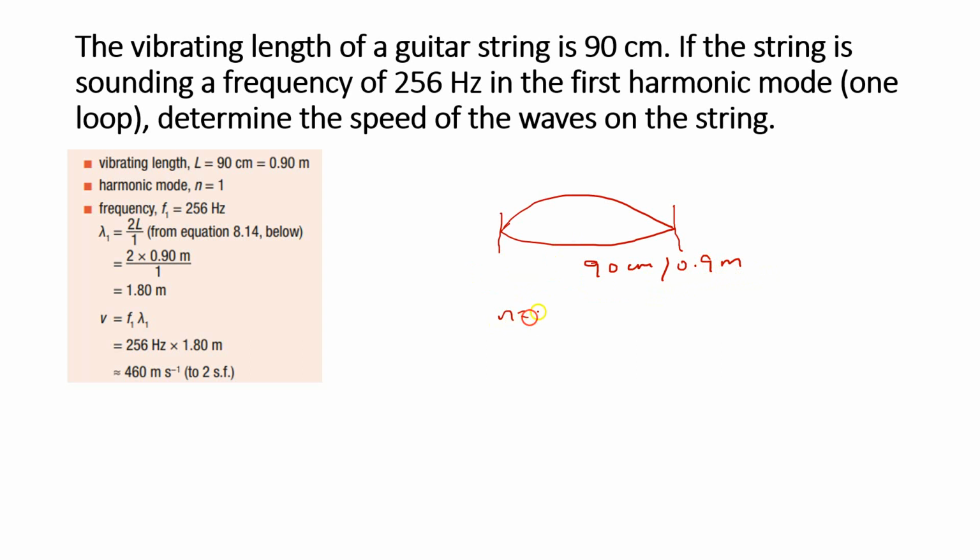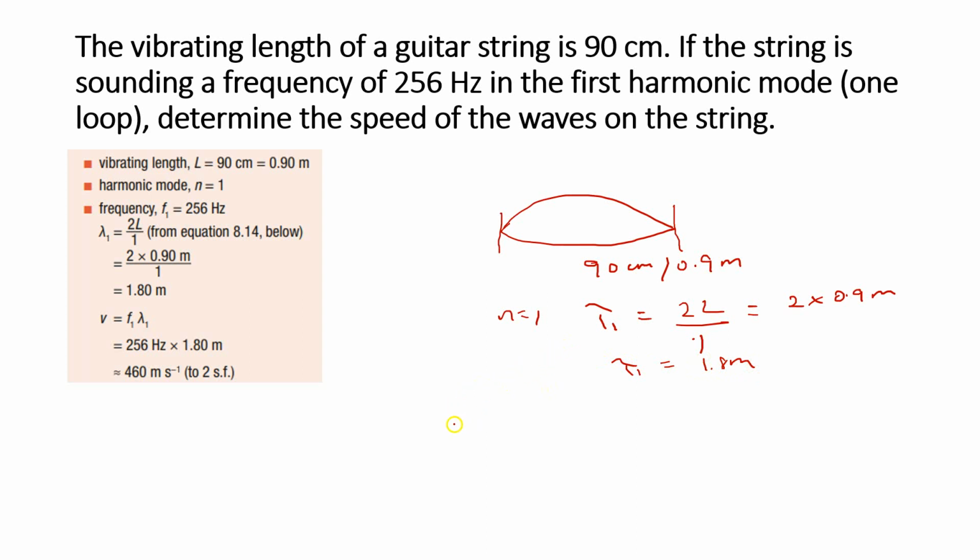Because n is equal to 1, then by using the equation that says wavelength when n is equal to 1 is equal to 2L divided by 1, the wavelength is equal to 2 times 0.9 meters, which gives us a wavelength of 1.8 meters.